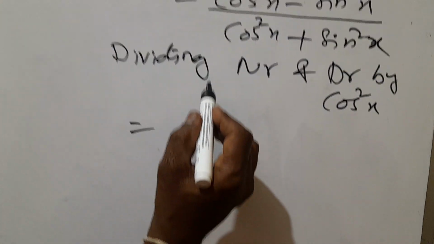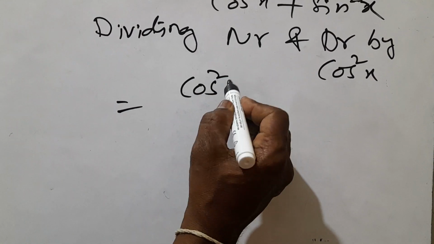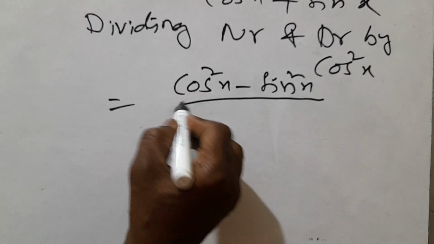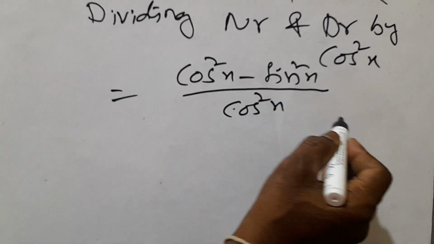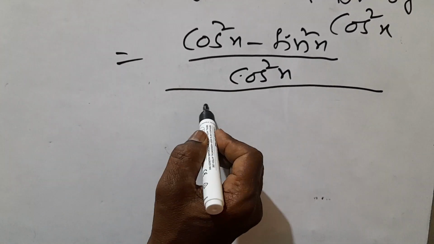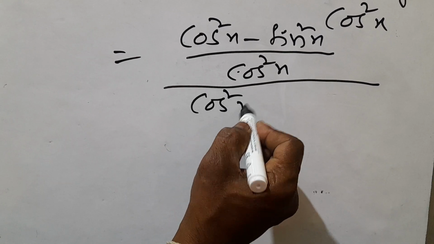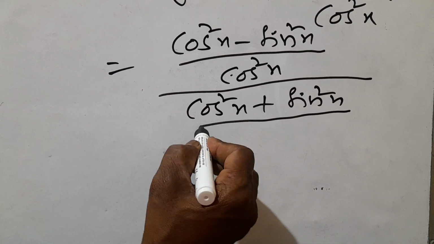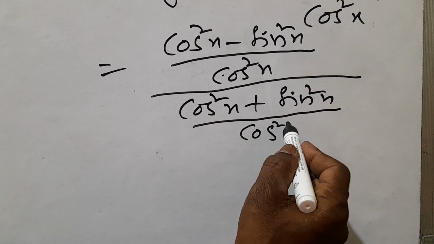See, in numerator, cos square x minus sin square x upon cos square x. In denominator also, cos square x plus sin square x divided by cos square x.